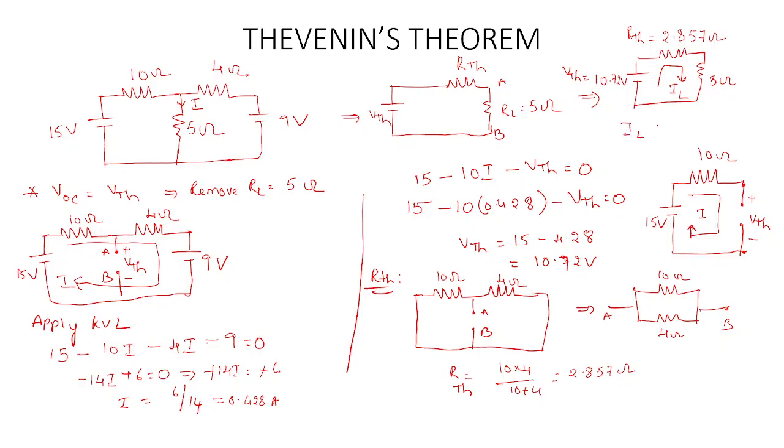So IL will be equal to 10.72 by 5 plus 2.857. So finally it is 1.36 amperes. So this is how we have to calculate the Thevenin's equivalent circuit parameters. Thank you.